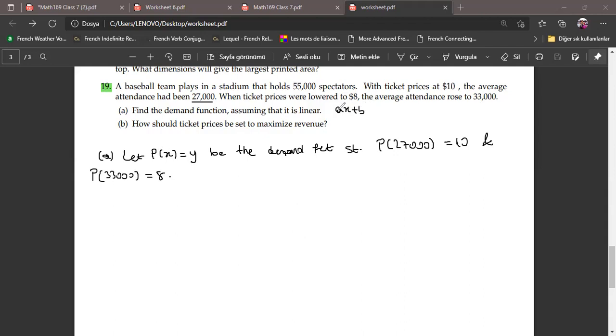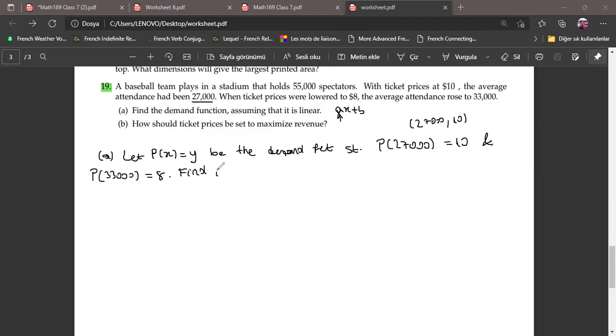We need to know its slope, which is a, and a point on that function. We already know the point on it. For example, this is one of the points on that function p, or we may use this one too. But we need to find its slope.